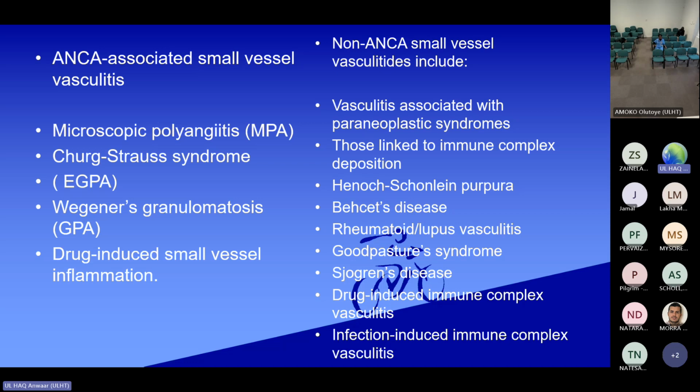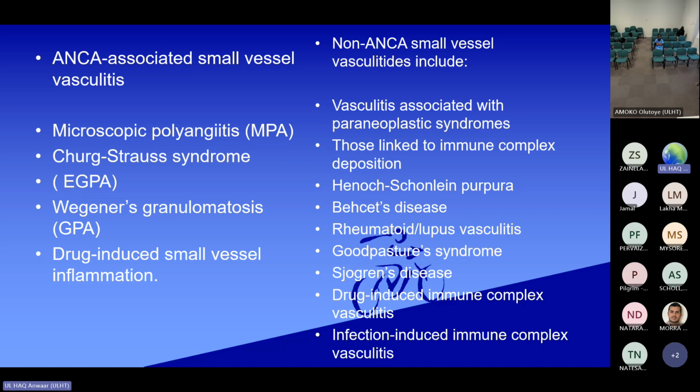The other category is non-ANCA vasculitides. That includes a long list, including vasculitis associated with paraneoplastic syndrome, and with immune complex deposition, like in SLE, Goodpasture syndrome, Henoch-Schönlein purpura, Behçet disease, vasculitis related to lupus or rheumatoid arthritis, Sjögren syndrome, drug-induced immune complex related, and infection-induced immune complex vasculitis.